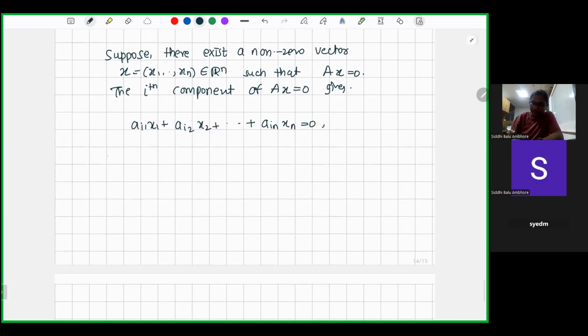Since x is non-zero, choose index i such that mod xi is maximized.